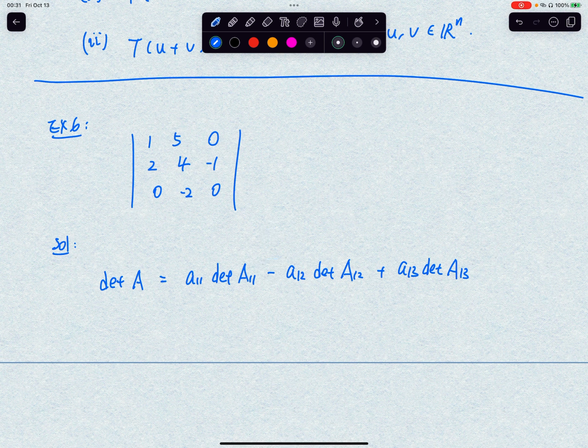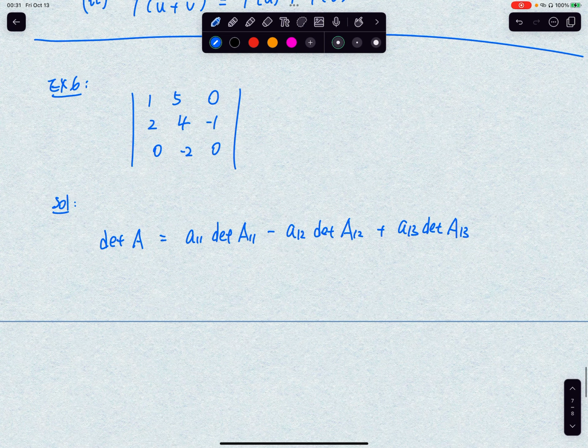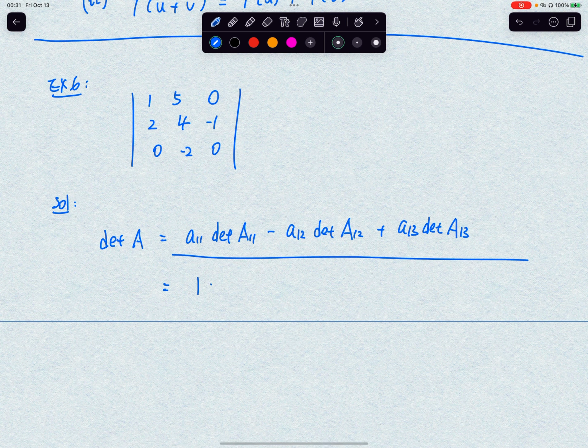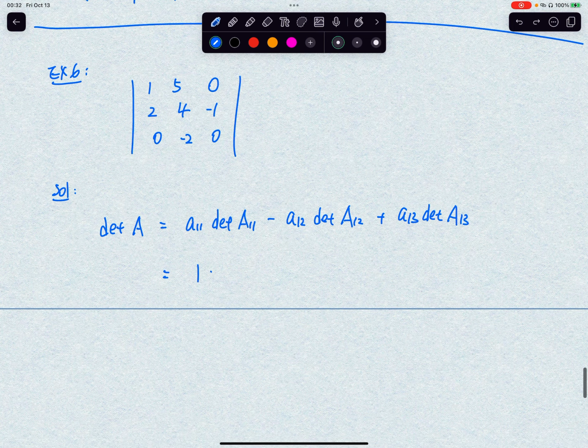Okay, so we plug this in. So a11 is 1 times the determinant. We have already figured out the sign, so we do not need to bother writing the minus 1 to some powers down. We just need to write down the determinant. So we start with 1, we have the determinant with rows 4, minus 1 and minus 2, 0.